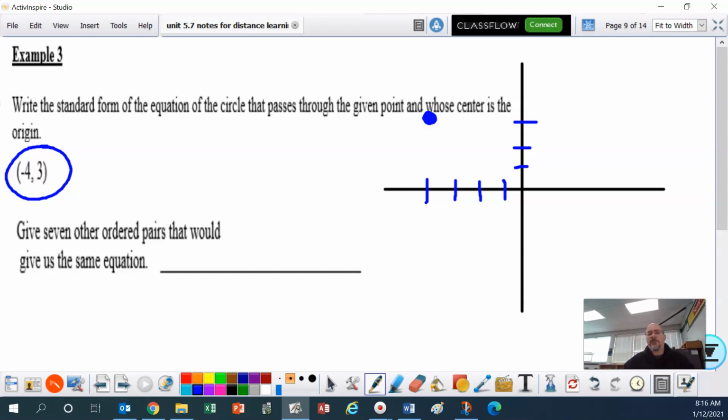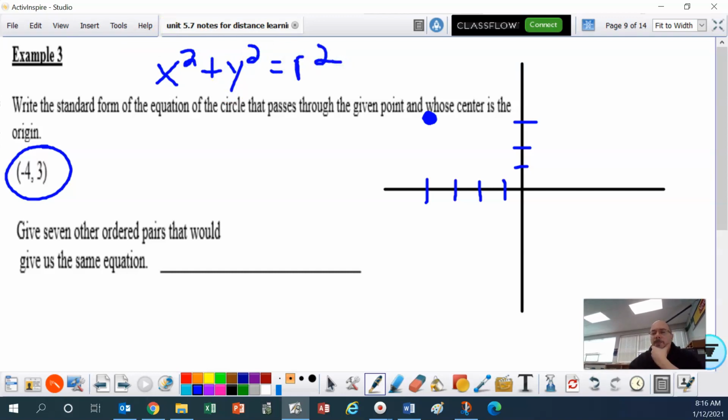Since I know my ordered pair, let me write my equation up here. x squared plus y squared equals r squared. -4 is my x, right? So -4 squared plus, 3 is my y value, so 3 squared.